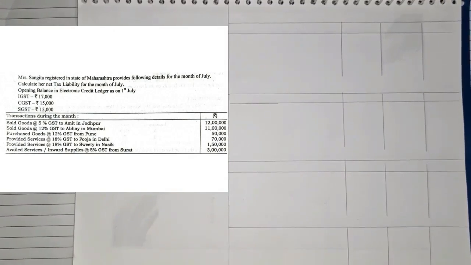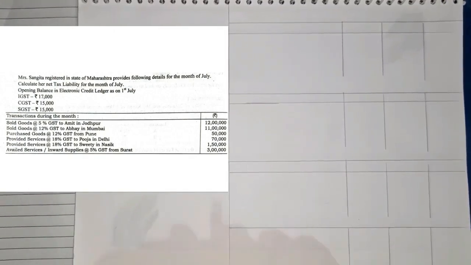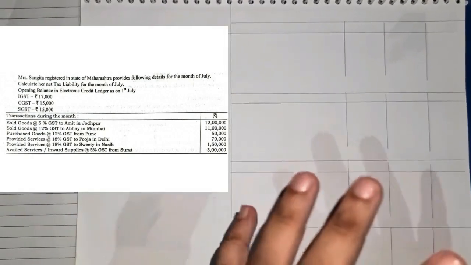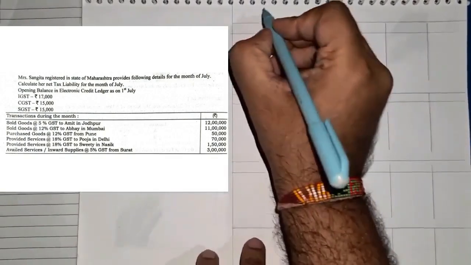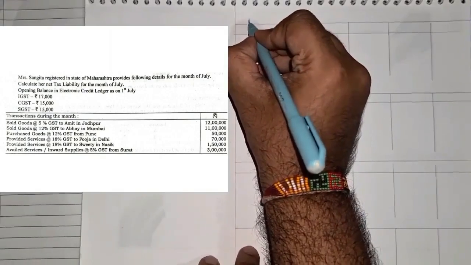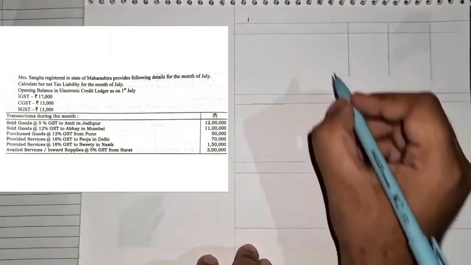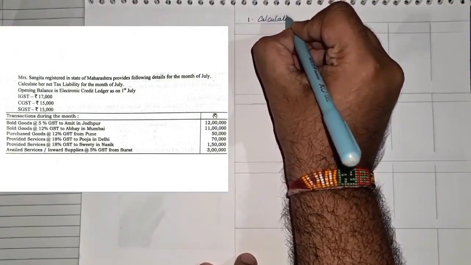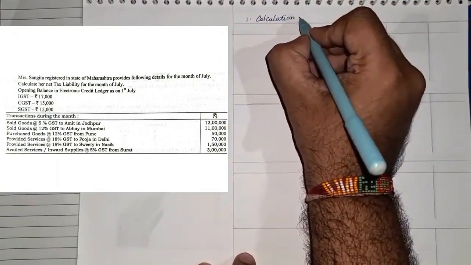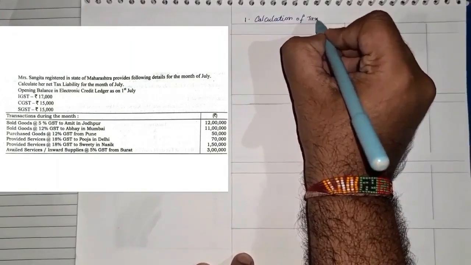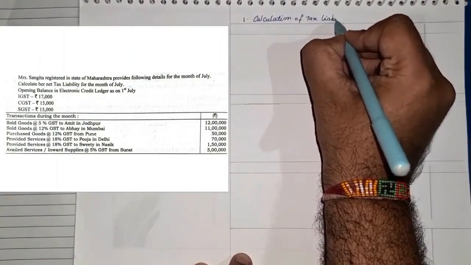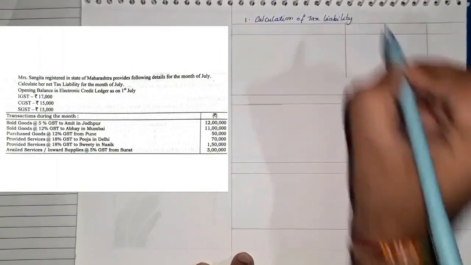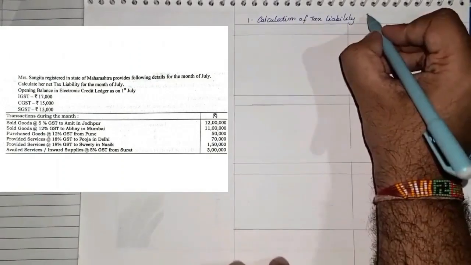Okay, the very first step that we need to note down, remember the headings. Okay, we are finding the tax liability. Remember the heading. Number 1, the first heading will always be calculation of tax liability. Okay, calculation of tax liability.